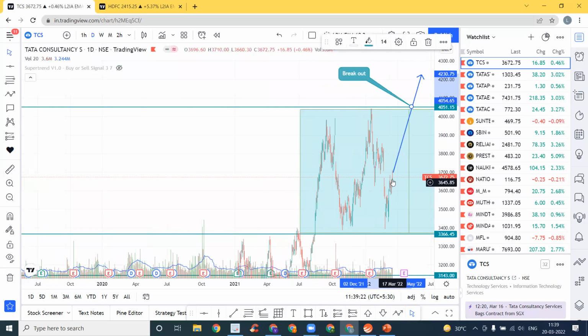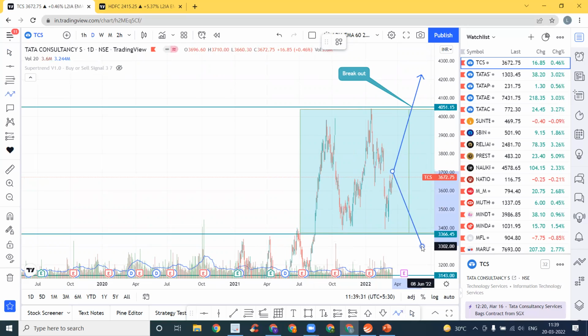But if the TCS moves up and down and finally moves in this direction, here the breakout happened in the upward direction.